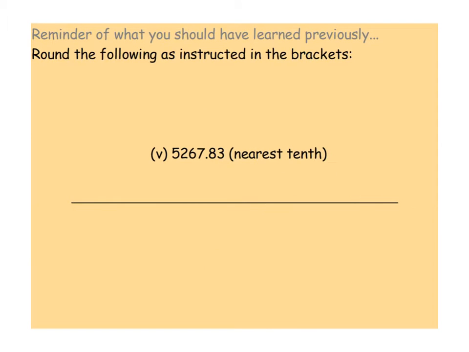Okay. Then the tenths column, here's the tenths column. So this time my number line needs to go from 5,267.8 to 5,267.9. Using tenths because this is asking me to round to the nearest tenth.